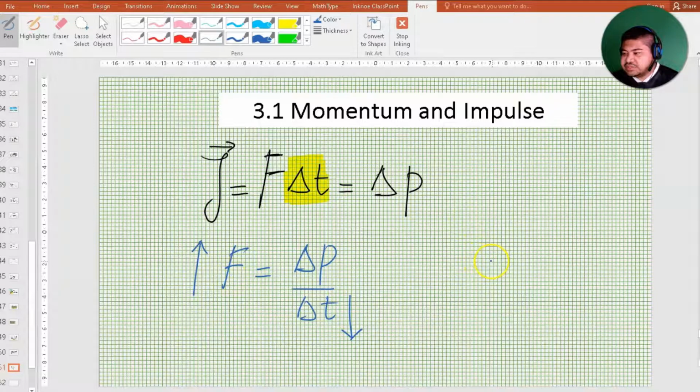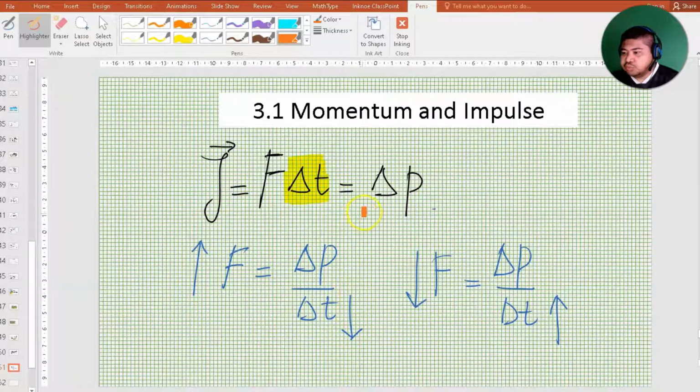For the case where the change happens slowly, delta p over delta t, and delta t is big, the force applied is small. So the equation J equals F times delta T equals delta P sums up the relationship between the change in momentum and the amount of force applied to the system.